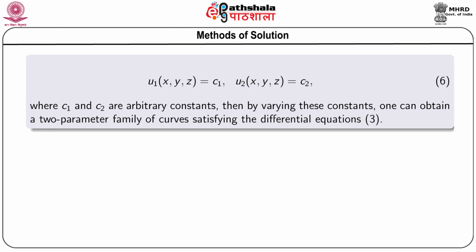Therefore, equation 4 represents a system of curves with two parameters, and those two parameters are C1 and C2. So, here we learn that for a simultaneous equation in three variables, the general solution is a system of curves with two arbitrary parameters.